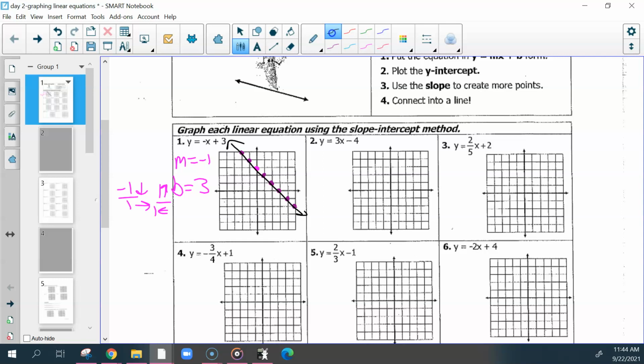For number 2, same thing. Our y-intercept here is -4, so that's where I'm going to start, at -4. Our slope here is 3, but I want it as a fraction, so I'm going to say our slope is really 3 over 1. It needs to be positive, so the directions I'm going to go to make it positive, I can go up 3 and right 1, or I can go down 3 and left 1.